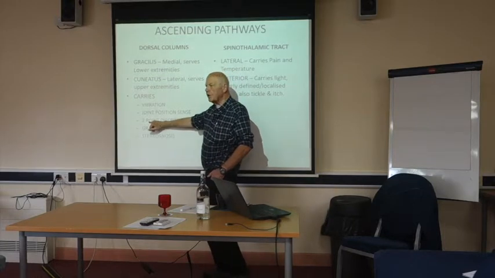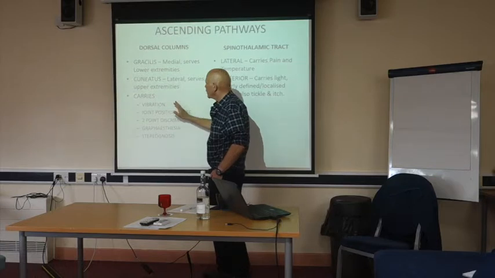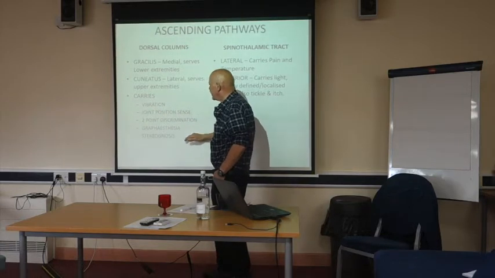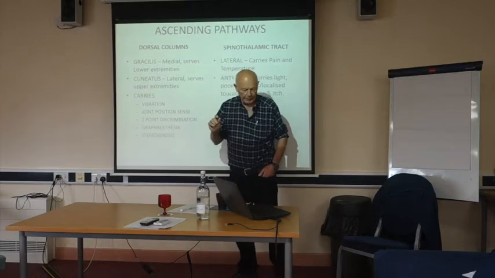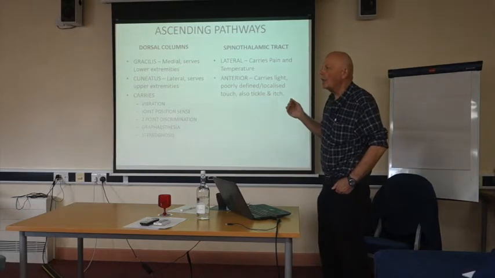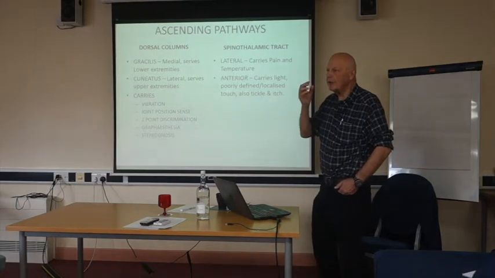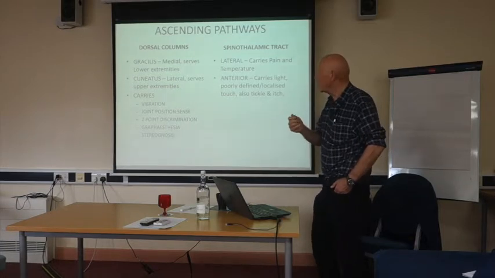2-point discrimination, graphesthesia and stereognosis. So all this is quite detailed information and it carries a lot of information which allows the brain to have a very clear picture of what's going on.